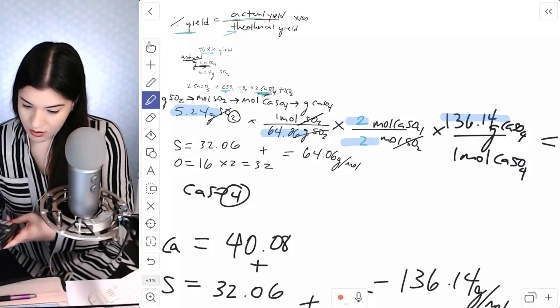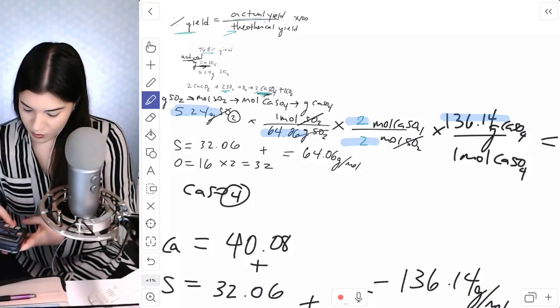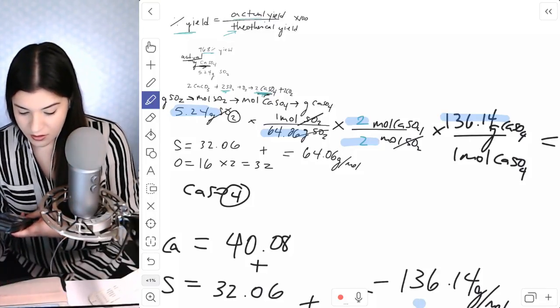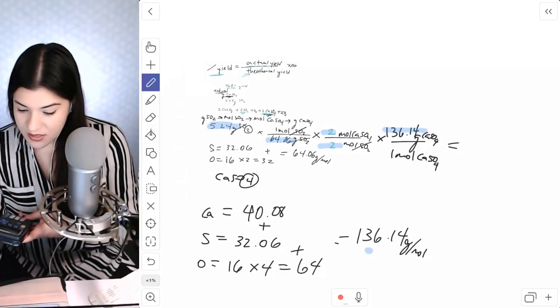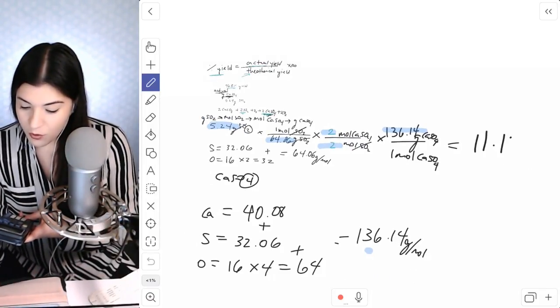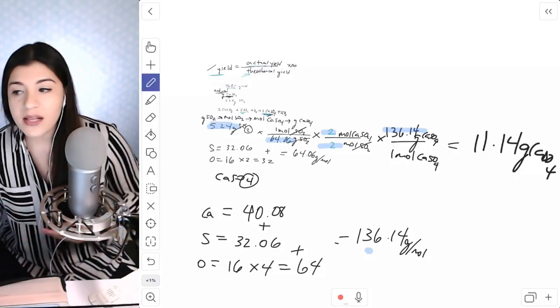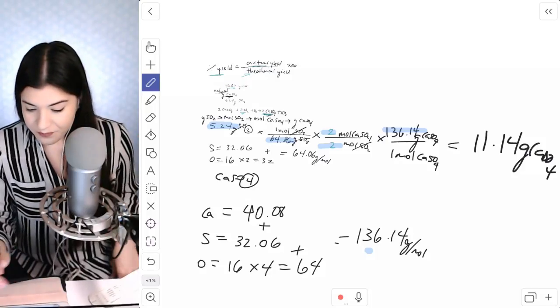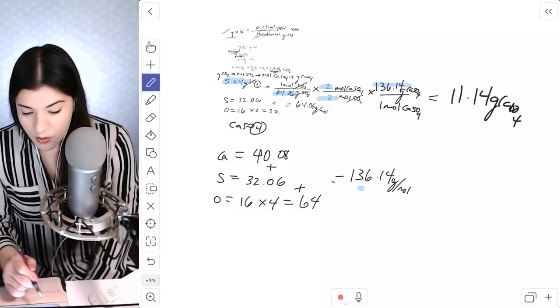So 5.24 times everything on top and divided by everything on bottom. This would give us 11.14 grams of calcium sulfate. So this is our theoretical. I'm going to go back to the percent yield formula, and we'll see what this gives us.